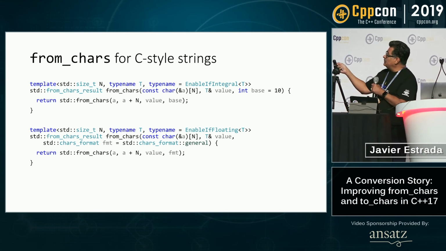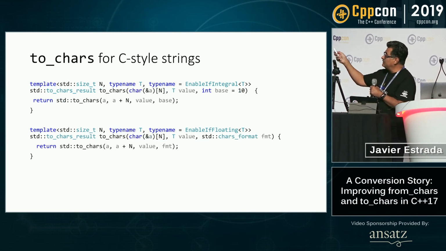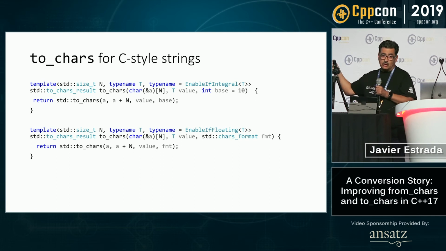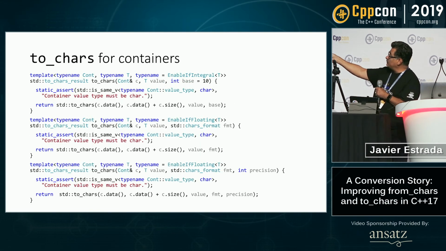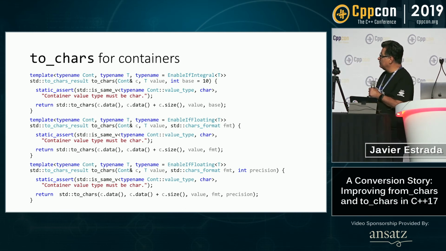Similarly, for to_chars, it's very similar. Pretty much all of these functions are one-liners. They are just wrappers over to_chars and from_chars. And you can see for containers, it's using data and data plus the size. And the same thing for the floating. And you can see to_chars is bigger because it has more overloads. So those are the function templates for those.